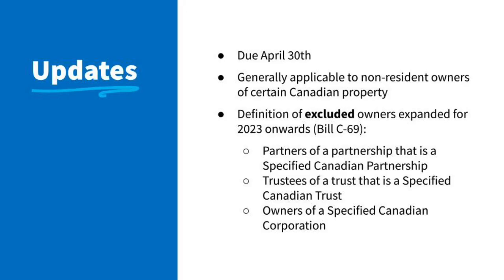That was rectified in Bill C-69. So they are no longer required to file a UHT if they meet the definitions of a specified Canadian partnership, a specified Canadian trust, or a specified Canadian corporation. So that's good news. That reduces some of the burden.